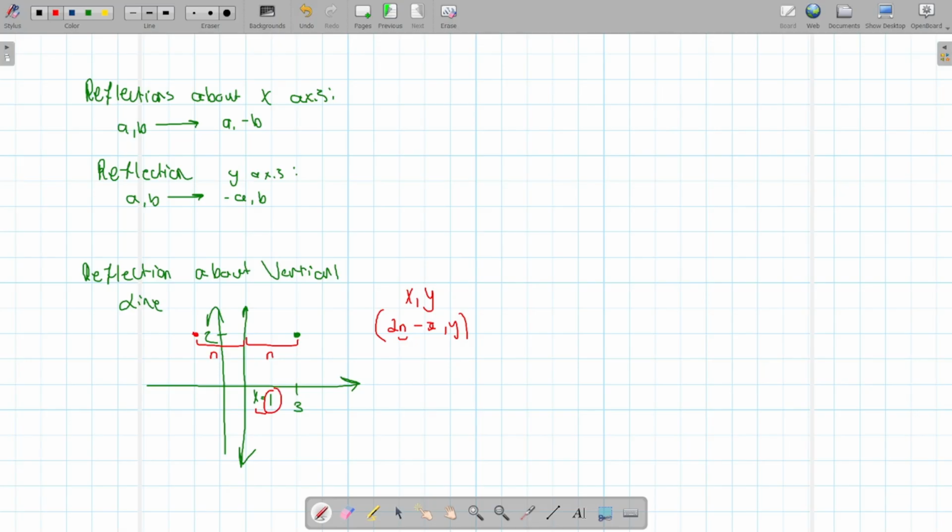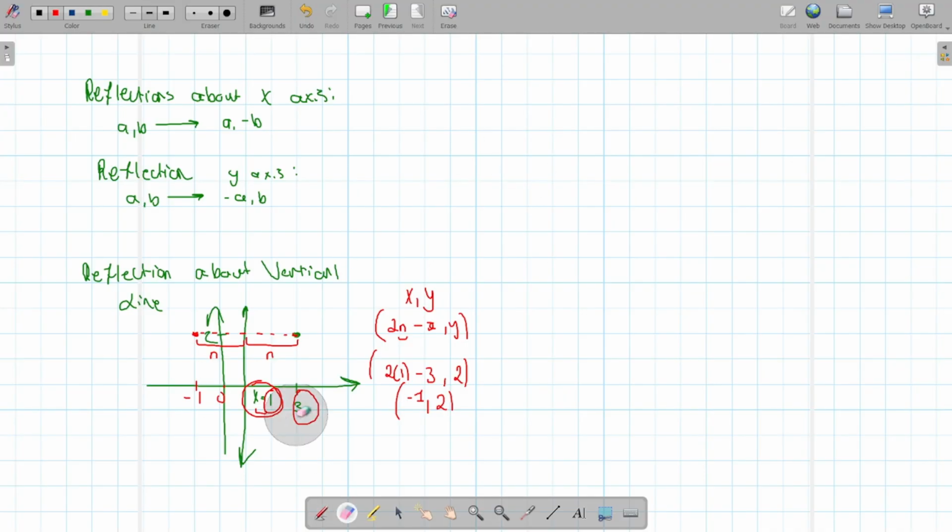In this case, n is 1. So 2 times 1 minus our original x, which is 3, comma y. The y doesn't change, since we're reflecting about a vertical line. We're still staying on this 2. So you'll get 2 times 1, which is 2, 2 minus 3 is minus 1, comma 2. It's just a formula. And it is correct because you ended up at minus 1 comma 2.